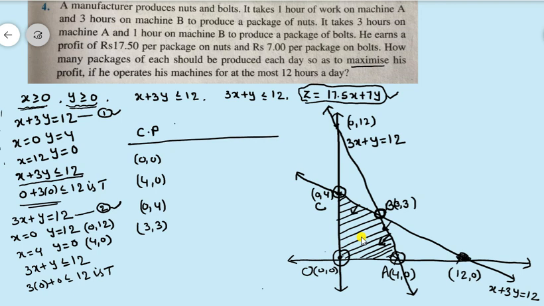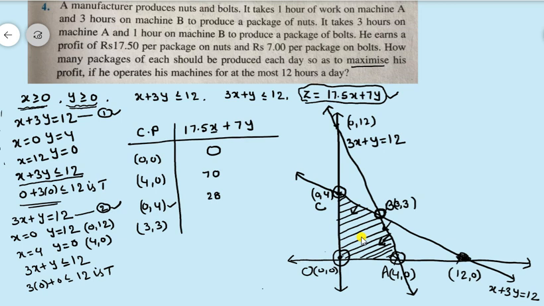Now the objective function is 17.5 into x plus 7y. It is 0 when x is equal to 0, y is equal to 0. Now if you substitute 4 in place of x, then what happens? The value you will get is 70. Next, in place of y, if you substitute 4, you will get the value as 28.